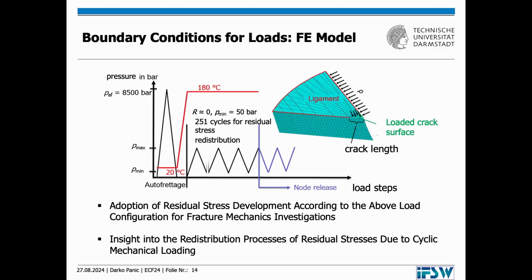Following this pressure, you see some operation loading conditions with Pmax and Pmin. And at the start, the temperature is held at 20 degrees Celsius, and then it's ramped to the 180 degrees Celsius, as indicated by the red line.